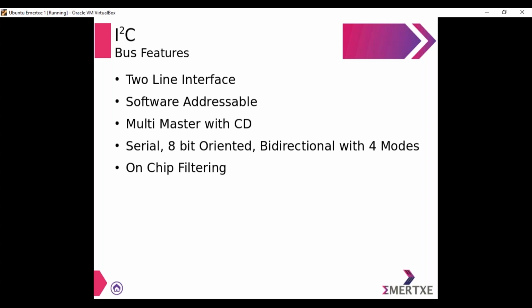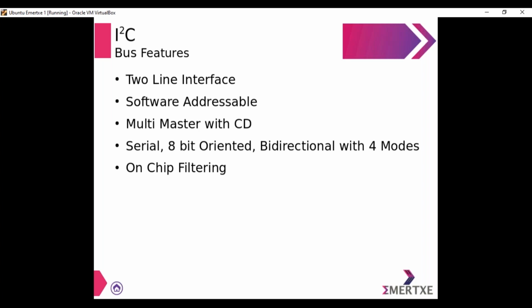We will have two buses. One is for the data transmission, the other one for the clock. Then all the devices in the network are software addressable. So this communication protocol supports multi-master with collision detection. The buses are serial buses. It's 8-bit oriented.